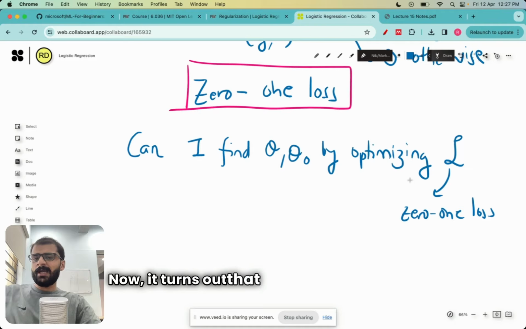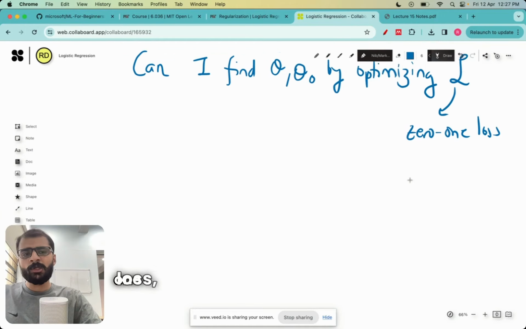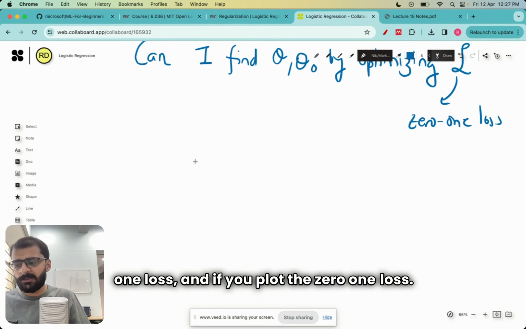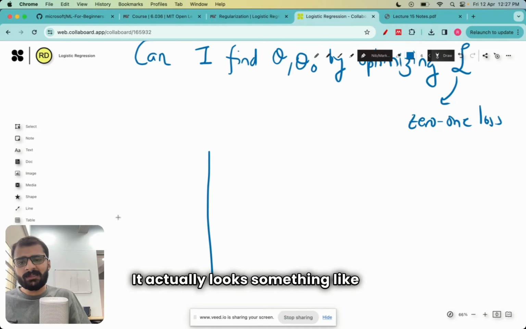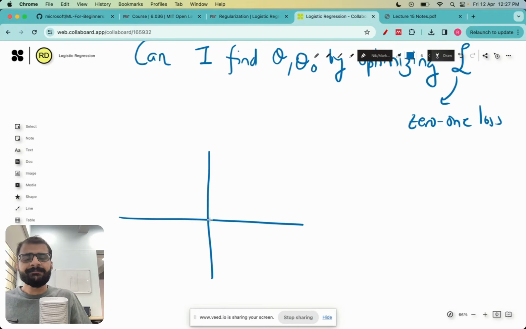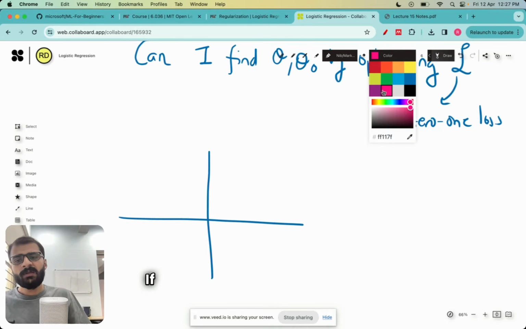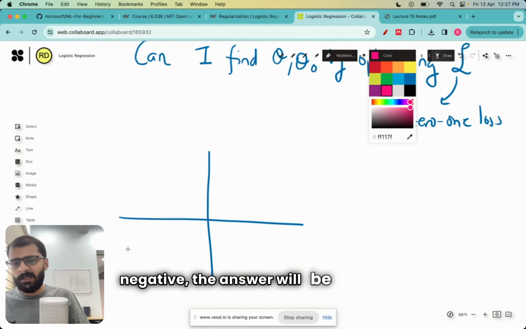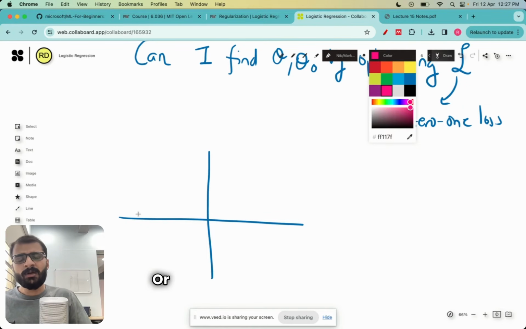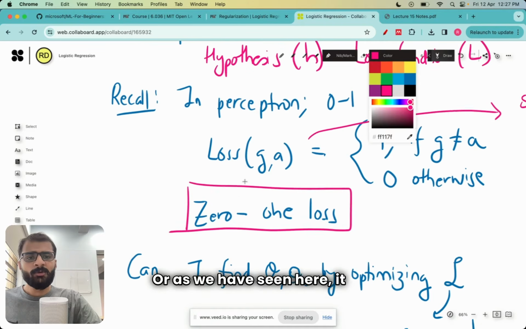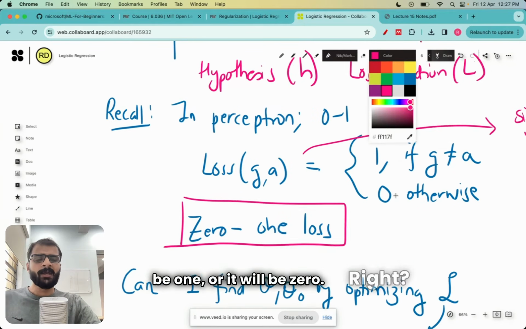Now it turns out that if you look at the 0 1 loss and if you plot the 0 1 loss, it actually looks something like this. If the input to the loss function is negative, the answer will be -1, or as we have seen here, it will be 1 or it will be 0, right?